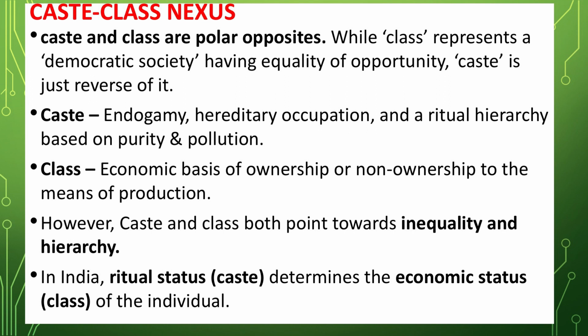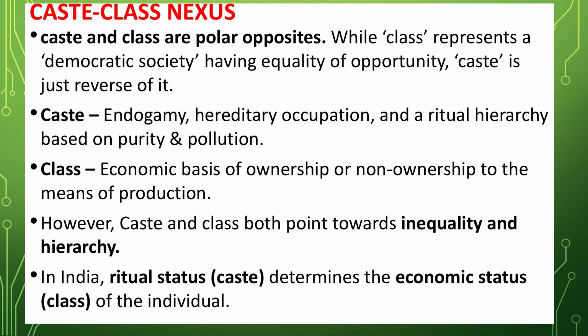Okay. If you go to the conceptual differences, we understand that caste and class are polar opposite. They do not meet. They mutually exclude each other. But in the actual scenario, there is a parallel growth of caste and class. It is not that caste stands opposed to the class system or class has no link to caste in the Indian context.